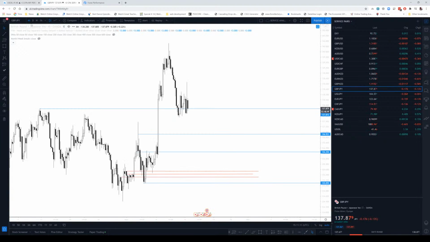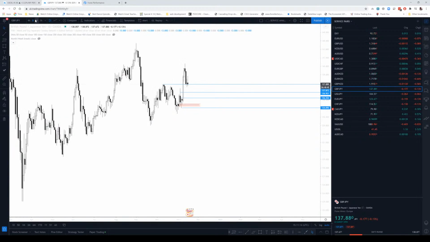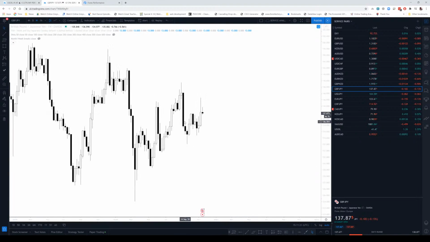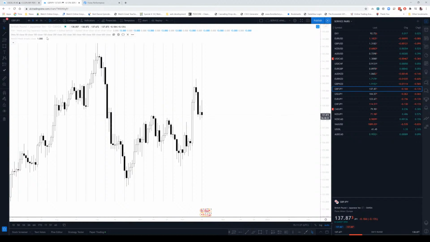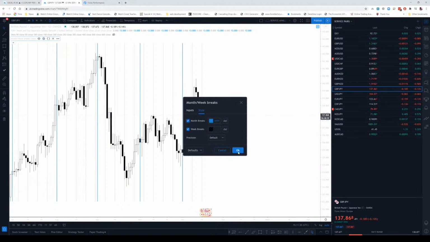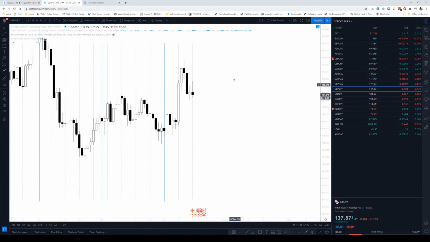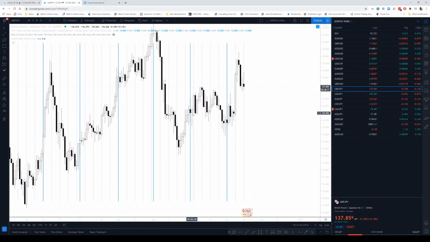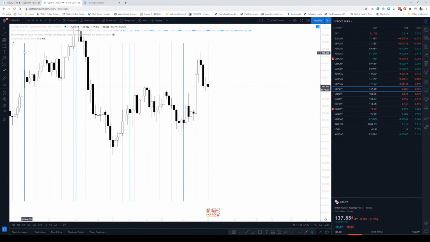Pound yen. Fresh week, fresh start. Let's put this one on and see where we're at. Previous week's range starts from here to there.